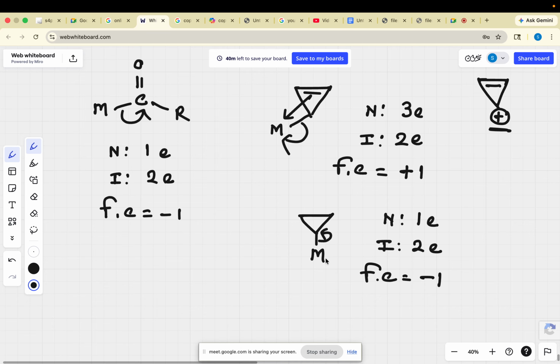Metal will get positive charge in the earlier case, but here the metal will get negative charge. So whenever you are getting aromatic stability, metal will get negative charge, but if no aromatic stability is there, normally the metal will get positive charge. Clear? Done?